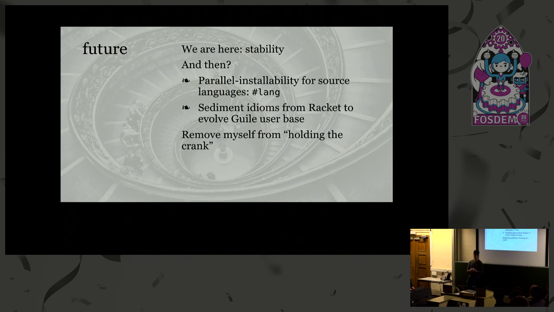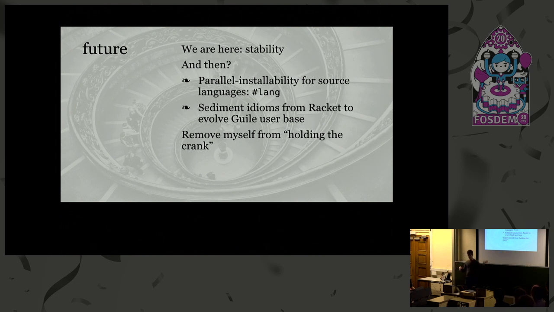And from Guile's perspective, I want to add another dimension to parallel installability. Users can do most anything they want with Guile, defining new constructs that are on a par with Guile's constructs, with the exception of whatever language it is at the top of your file. At the top of your file, it's still this default Guile environment, this default Guile syntax.